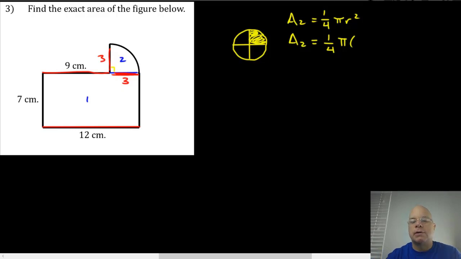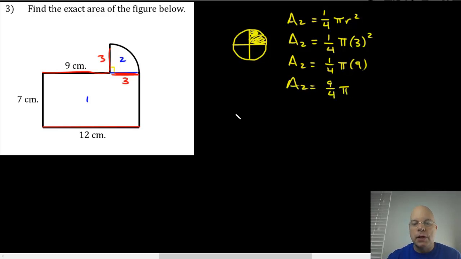The radius is 3. So we'll substitute 3 for the radius here. We're squaring it. So I have area of shape 2 is 1/4 multiplied by pi multiplied by 9. And we can just multiply the 9 by the 1/4, so we get 9/4 pi.